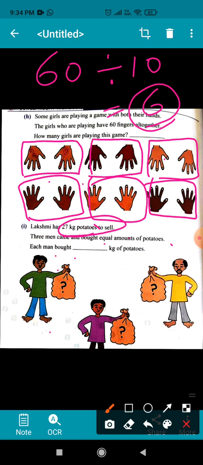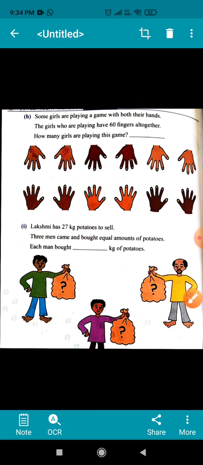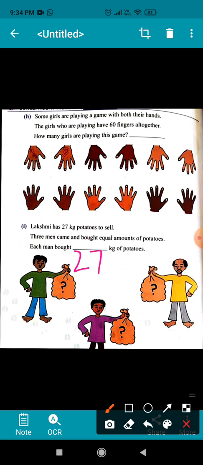What will you do? 27 divided among 3 people. Okay, the 3's table, how many times do you read? 9 times to get 27. It means each man has 9 kilograms of potatoes.